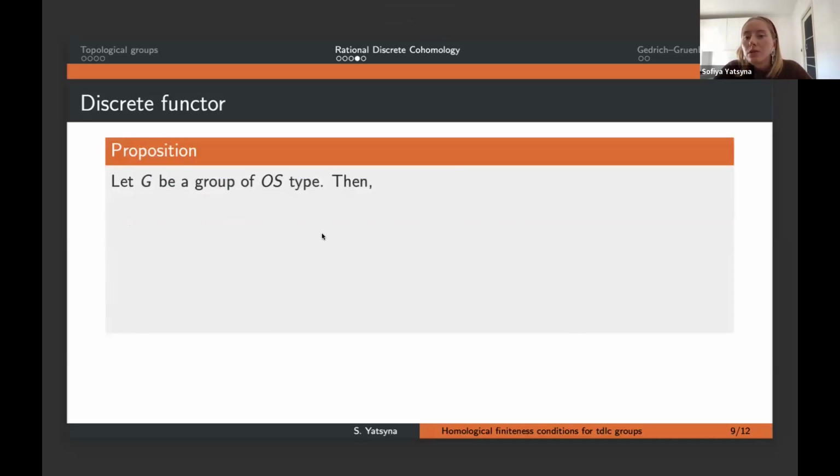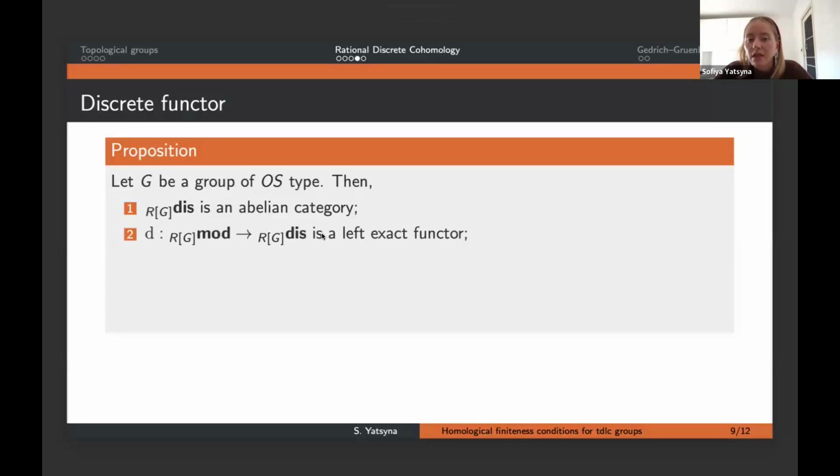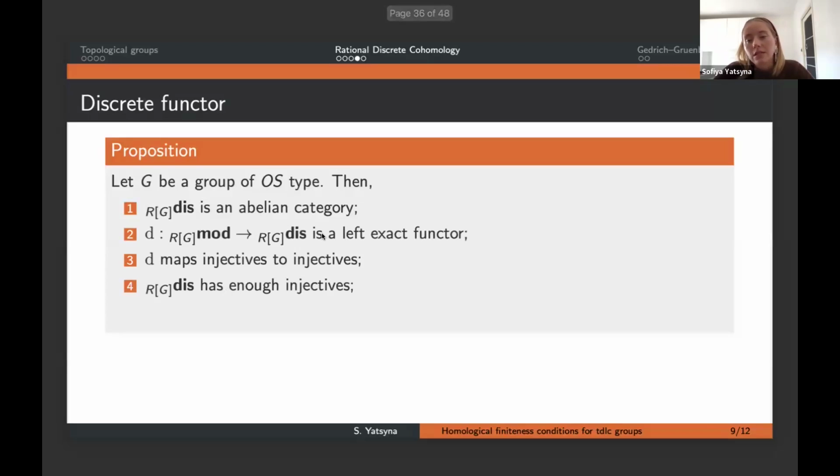So what nice properties does this discrete functor give us? Given our group of this type, RG-dis is an abelian category, which is nice to work with. It also gives us a left exact functor. D also maps injectives to injectives, and RG-dis has enough injectives.